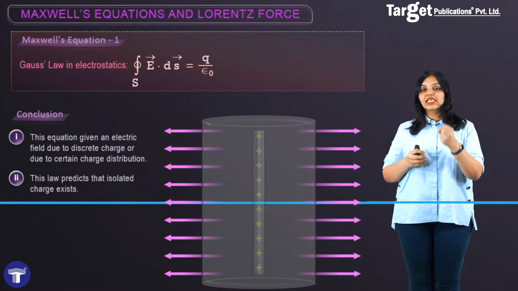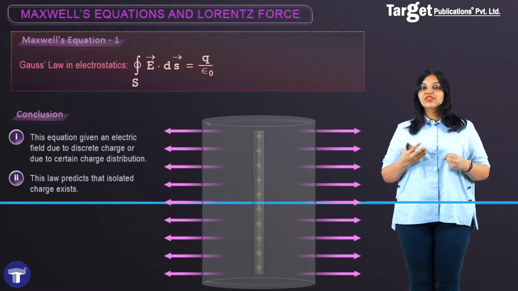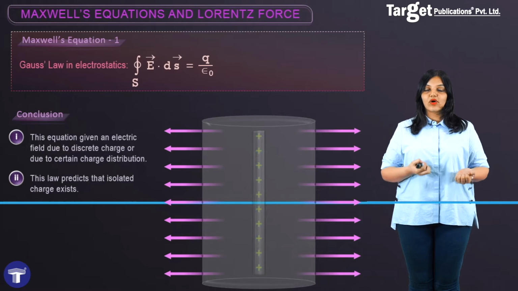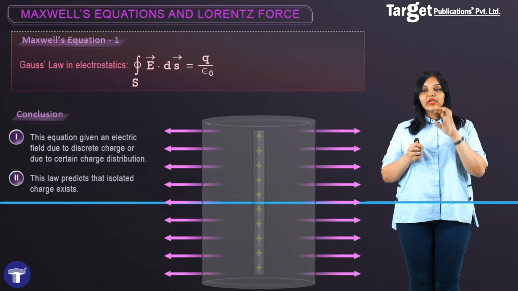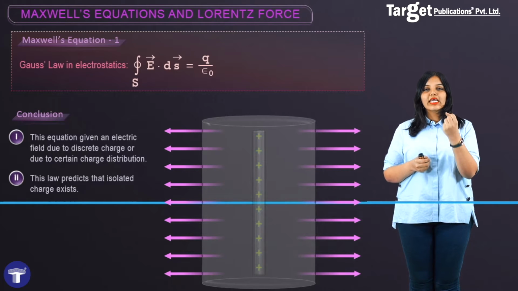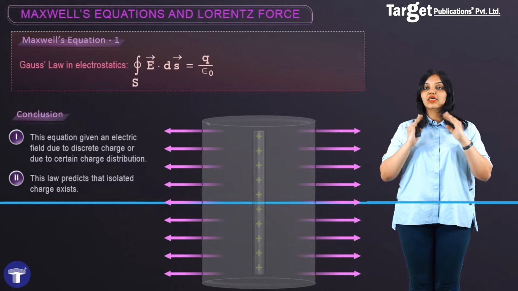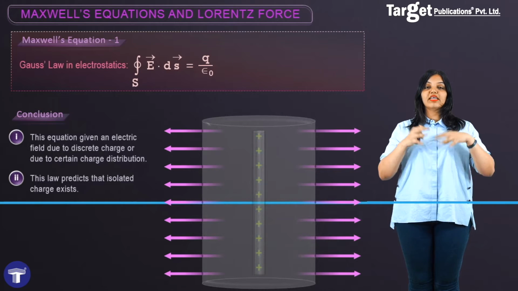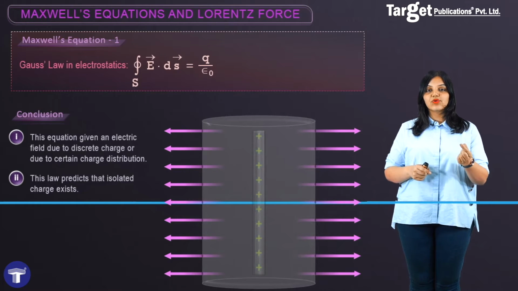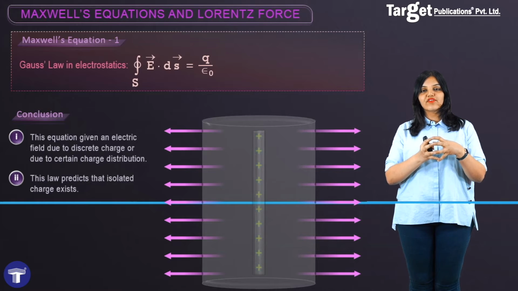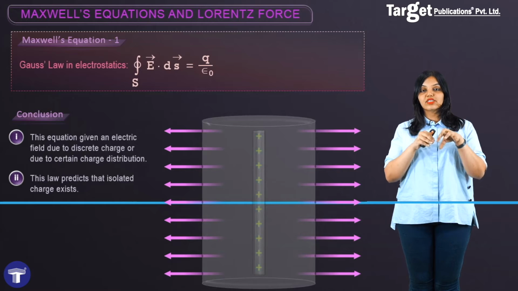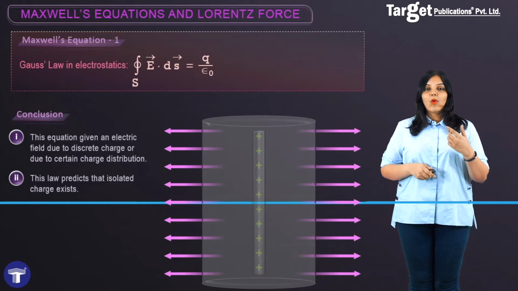Because if you trap a single charge in a Gaussian surface, you'll see that the flux or the electric field lines coming out of that surface are definitely non-zero, which means that only by looking at the flux on the outside, you can tell that there is charge inside the surface. You are able to enclose a single charge in a Gaussian surface, and its effect is felt outside by looking at the flux. And this proved that a single charge can be isolated, because you can take it in a Gaussian surface and trap it, and all the flux coming out will only tell you the effect that the electric charge is present inside. Why is this so important?